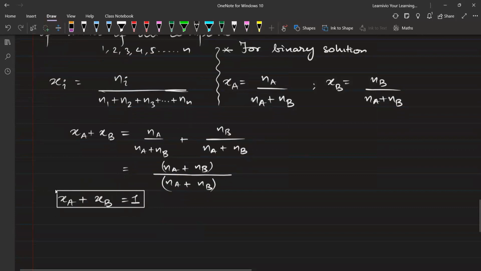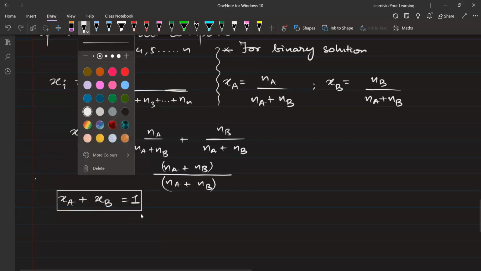Now, this is true even if I have more than two components: the sum of the mole fractions of all components is always equal to 1.